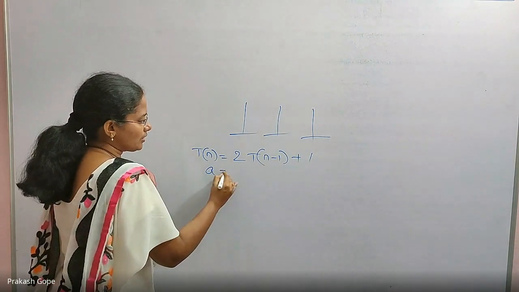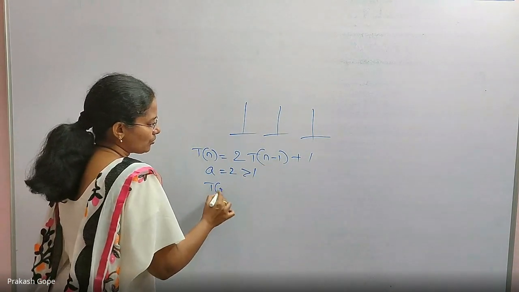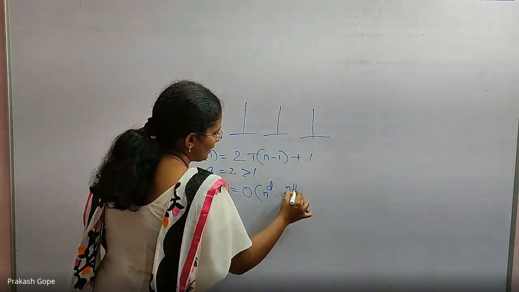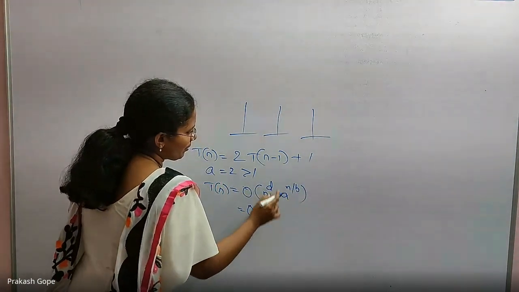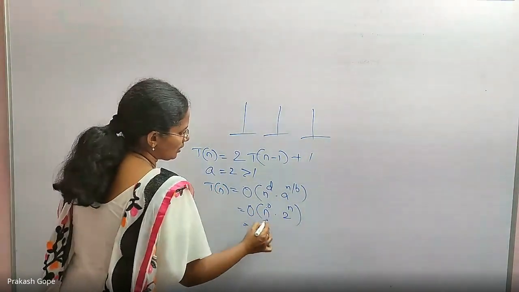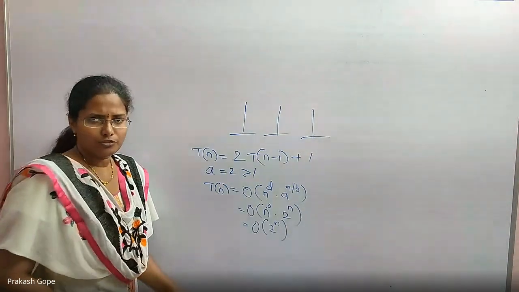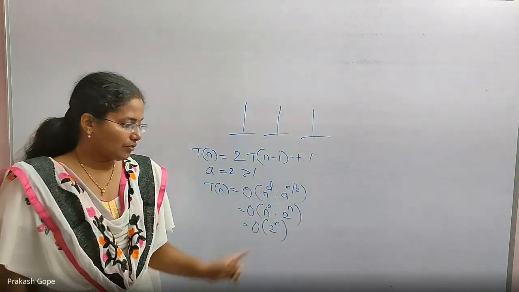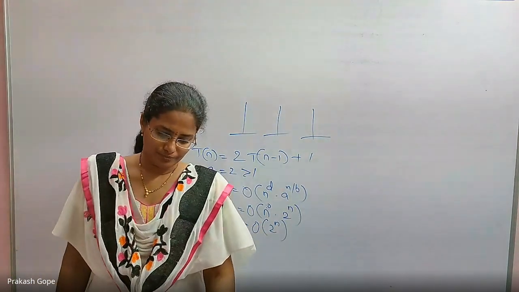Decrease and conquer case, A is 2, which is greater than 1. So T of n is equal to big O of n power d into A power n by b. Big O of n power d is 0. A is 2, 2 power n. N power 0 is 1, that's why it is 2 power n. We solved it. So time complexity of towers of Hanoi is 2 power n.